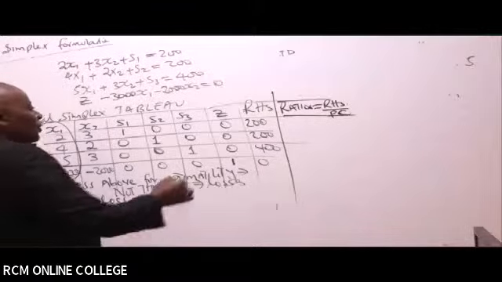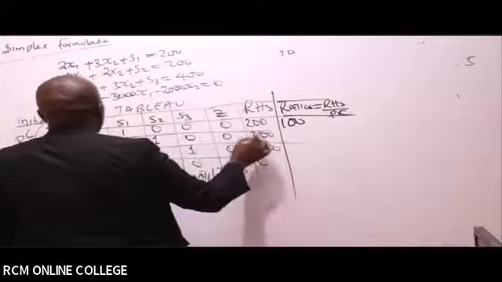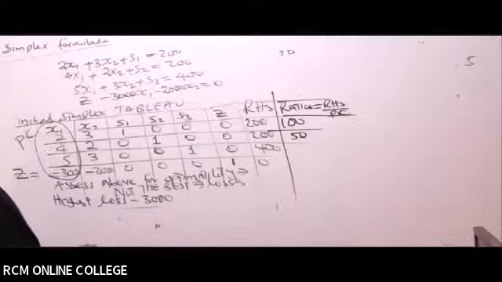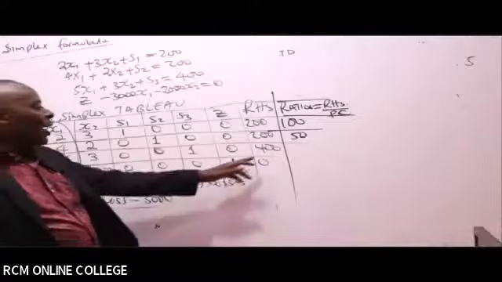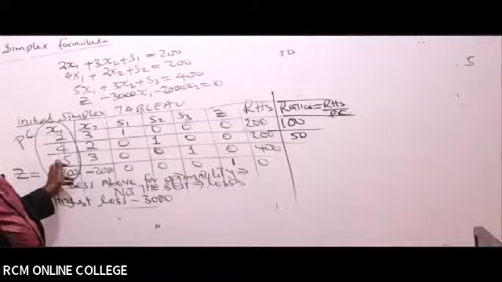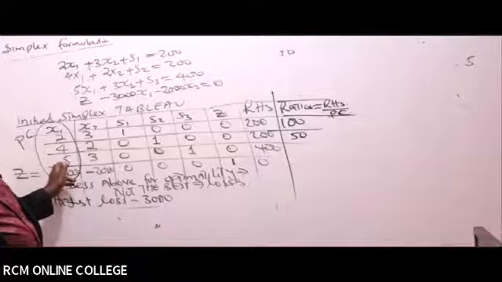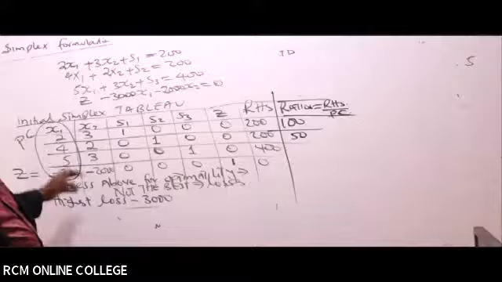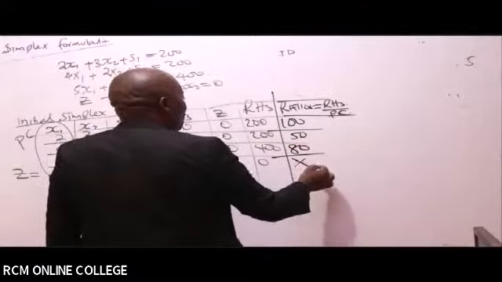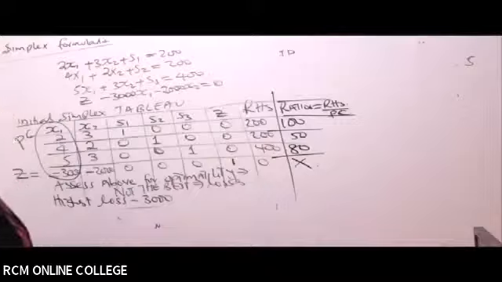So 200 divided by 2 gives me 100. 200 divided by 4 is 50. Then 400 divided by 5 gives me 80. Remember, we don't calculate a ratio for the Z row.